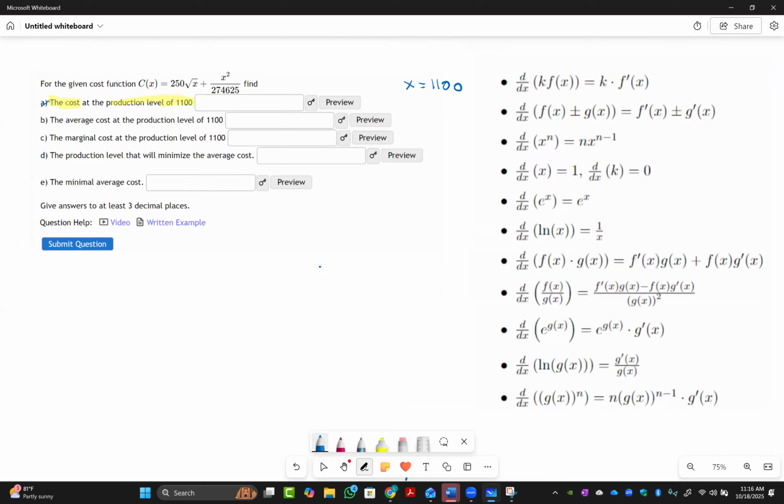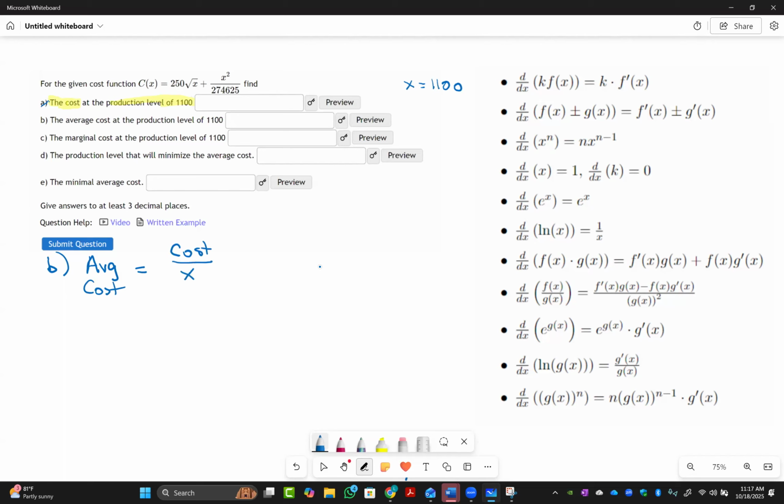Now for B. The average cost. So there's a formula in the video that you do need that says that the average of whatever. So here we have the average cost, but if I had average revenue, if I had average anything, for this it's cost divided by X, divided by quantity.